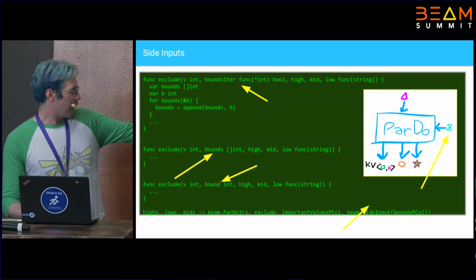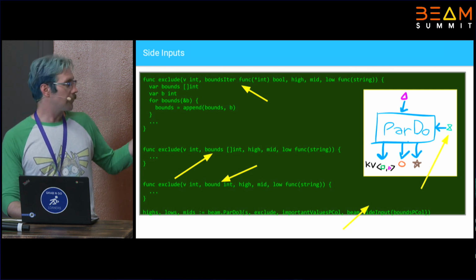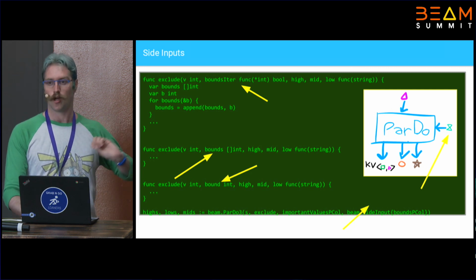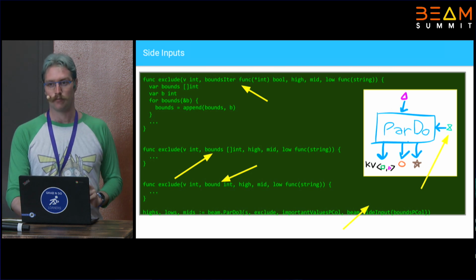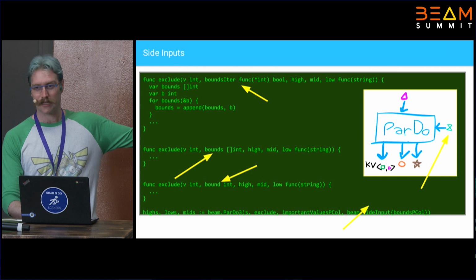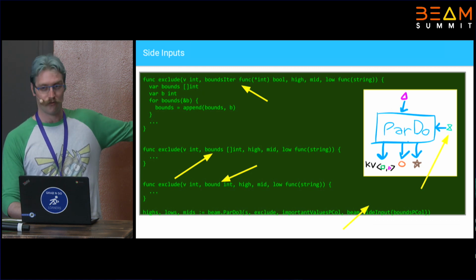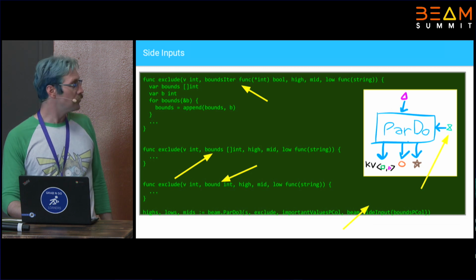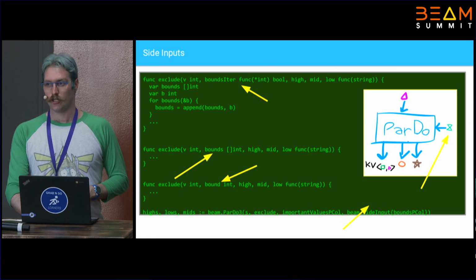Unfortunately, it's a little covered by the arrow, but when you're invoking your additional ParDo, you can declare your side inputs by providing additional options to the construction function, indicating that you have these side inputs. This will all get type checked at pipeline construction time, that the PCollection that you're passing in as a side input matches the DoFn that you are passing it into, and otherwise things are in positional order.